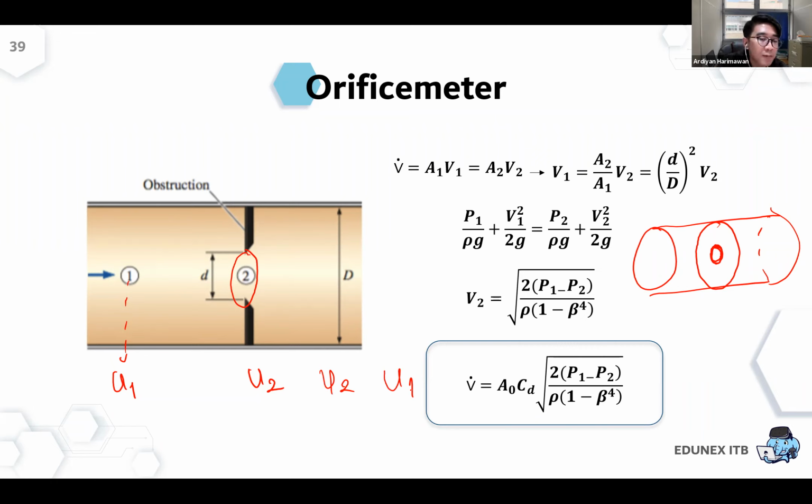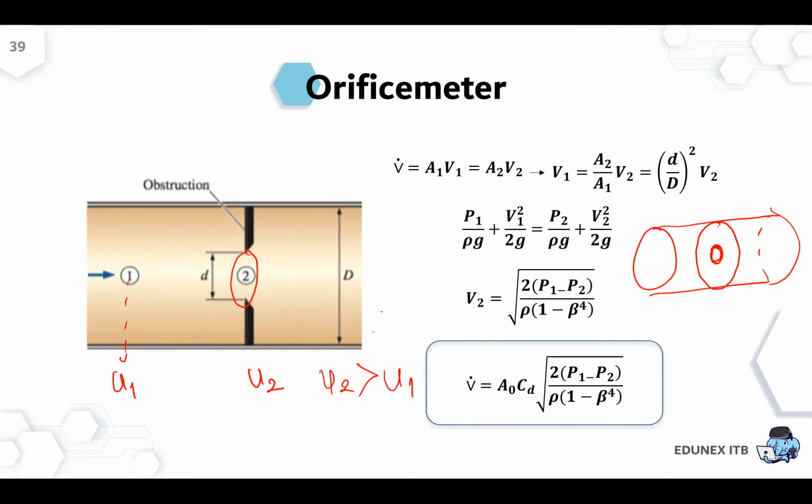Will it become lower, sir? Why lower? If you have smaller diameters, smaller cross-sectional area, then will the velocity decrease or increase? Increase, sir. Increase, yes.